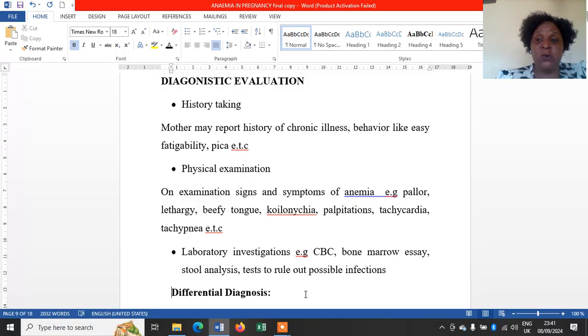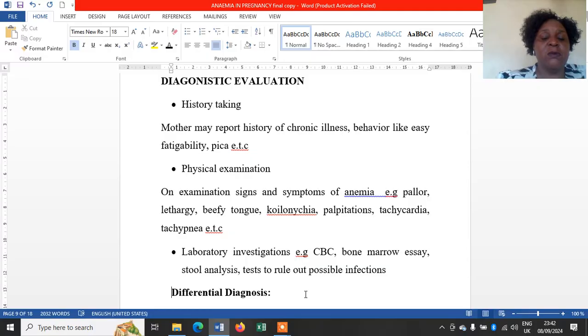And also, sometimes these mothers report pica. Pica is excessive craving of non-food particles. Some pregnant mothers eat soil, eat clay, etc. Most of them have a deficiency of iron, and they feel like it is present in what they eat.